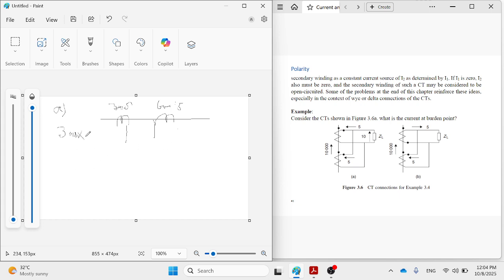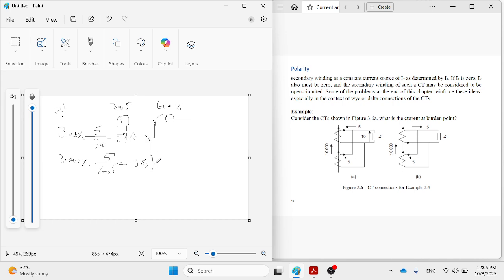So I want to have the secondary current. For the 300 to 5, it is 3000 times 5 over 300, which is equal to 50 amp. The other one is 3000 times 5 over 600, which is equal to 25 amp.